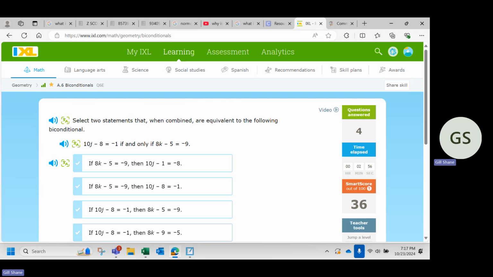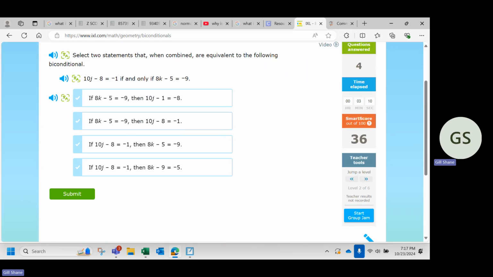So this is not going to be on there. This is doing what I just told you you needed to do. If you get rid of the if and only if, and you rewrite both statements, so if I get rid of the if and only if, and then I rewrite the first statement with if in front of the 10J, that would be this statement right here.